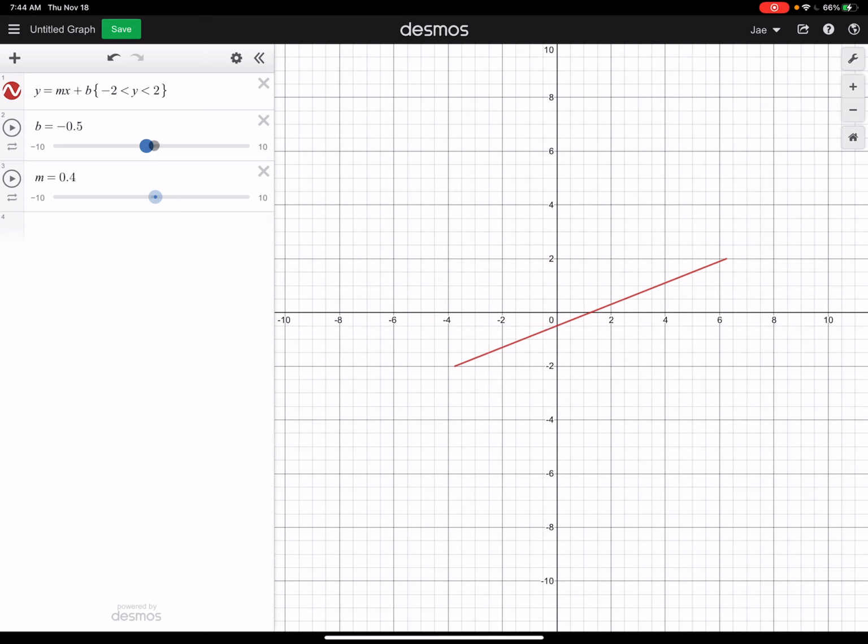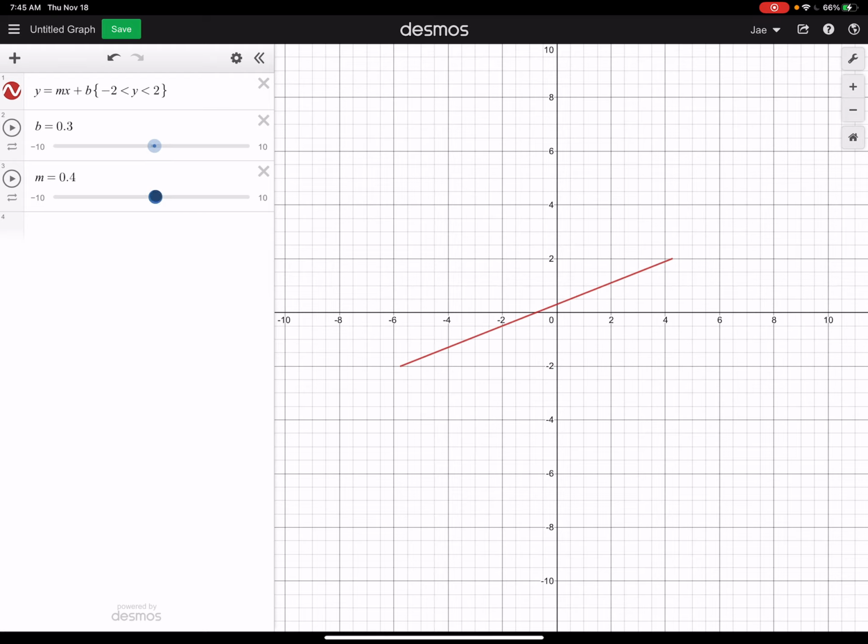As you can see, as the b increases, the y-intercept is increasing, but it looks like it's moving to the left. Actually the y-intercept is just increasing, and the constraint is just being set at +2 and -2. So voila.